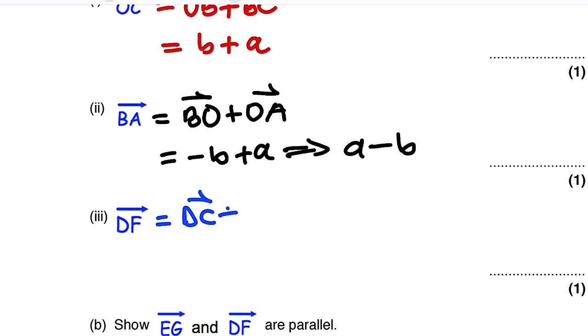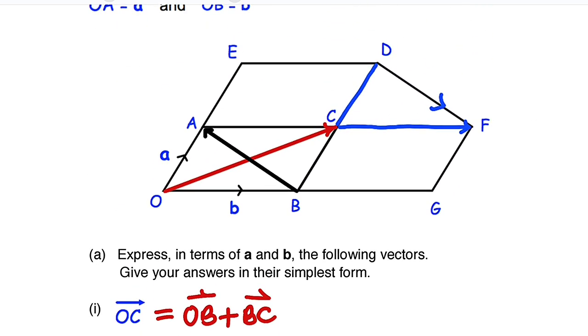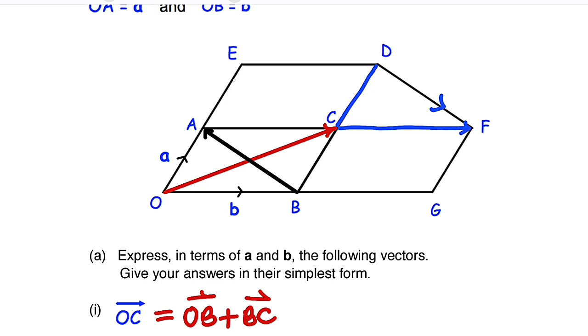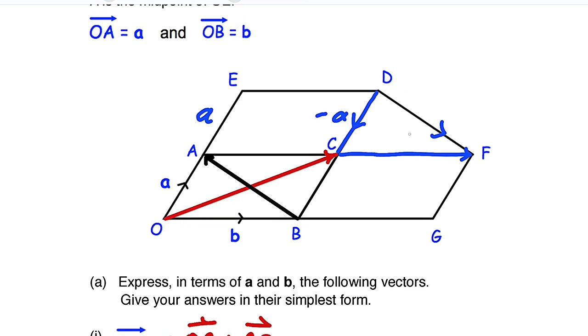What is DC? Remember, DC has the same length as this one. I remember this is A because A is the midpoint here. From here to here is the same length as from here to here. And since they are parallel, this is also A. But if you're going backward, it is going to be negative A.